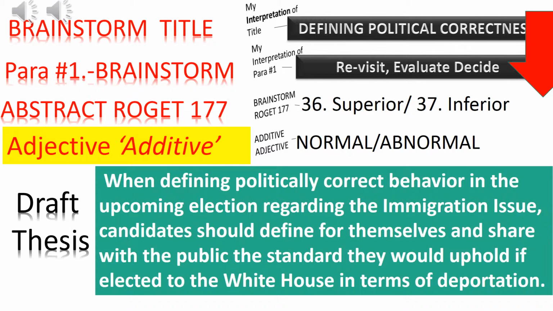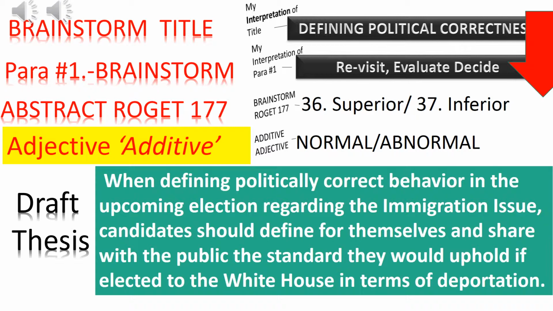And here from that is my draft thesis. When defining politically correct behavior in the upcoming election regarding the immigration issue, candidates should define for themselves and share with the public the standard they would uphold if elected to the White House in terms of how they would handle deportation.